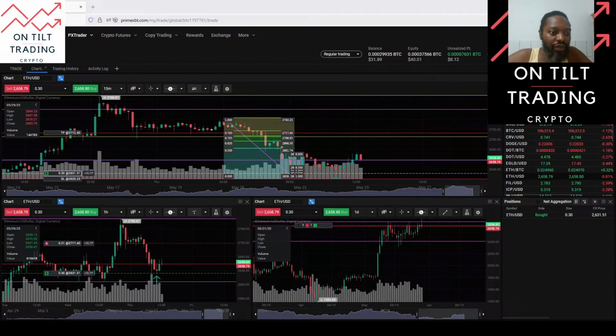Up here, this 27.12.40. I picked this level just because it's, I believe, about $5 shy of my entry to my short position, which I believe is 27.17.40.